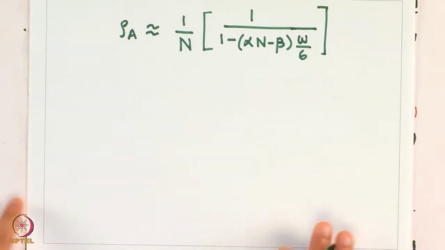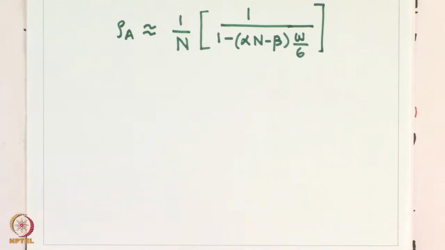So now you should ask yourself the question: if the new mutant that has arisen had no fitness advantage or any fitness disadvantage over the parent genotype, if the new genotype was identical in terms of fitness compared to the parent genotype, what would rho A be?